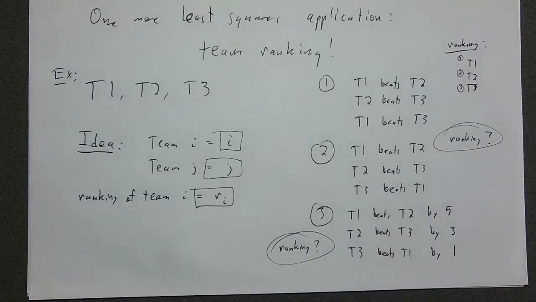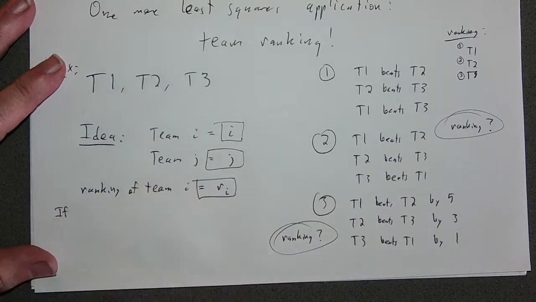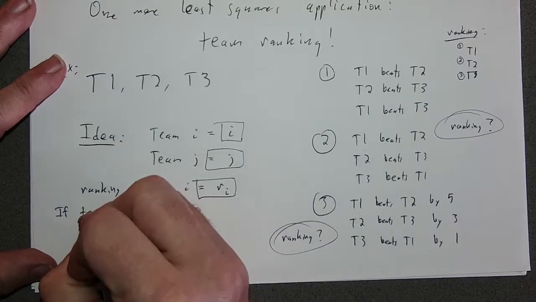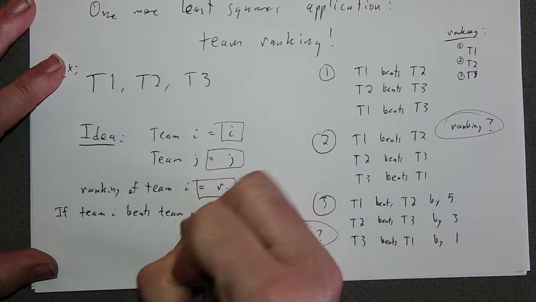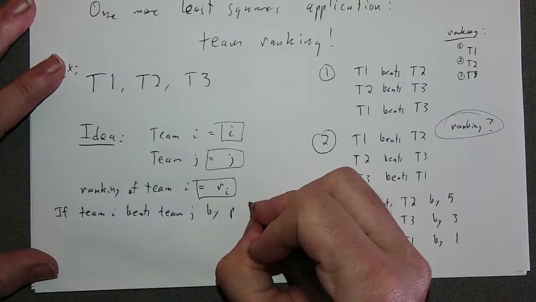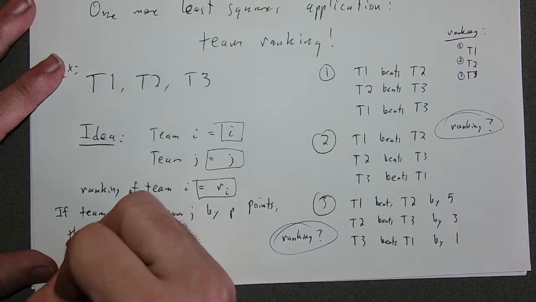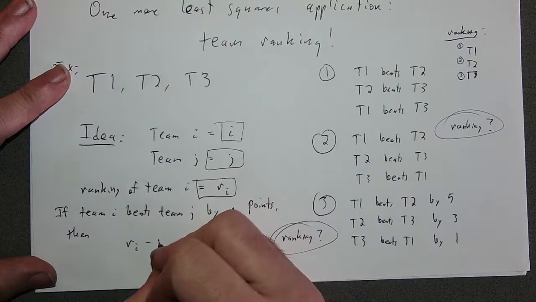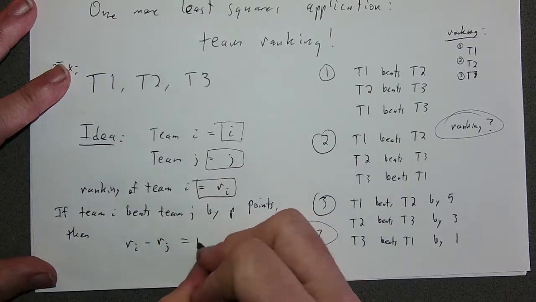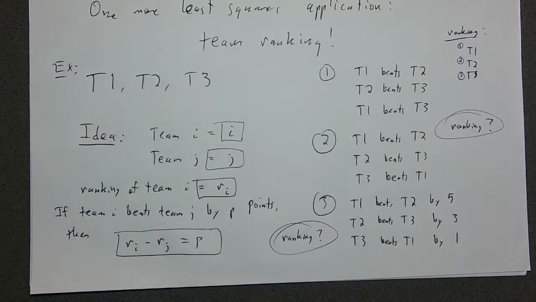And so in this way, the main idea is that if Team I and Team J play, so if Team I beats Team J by P points, then the thing that we are imposing here is that the difference in their rankings is P. So the number of points that I win by is merely the difference in the rankings.